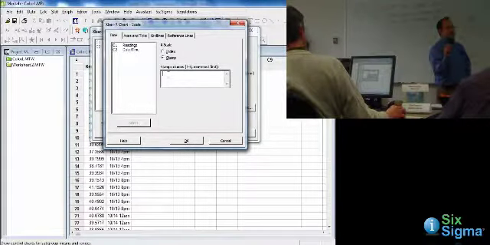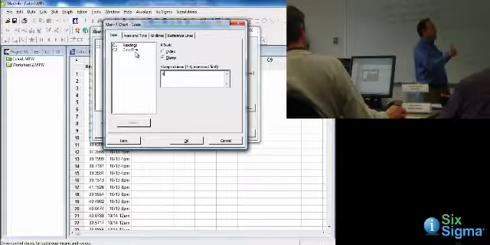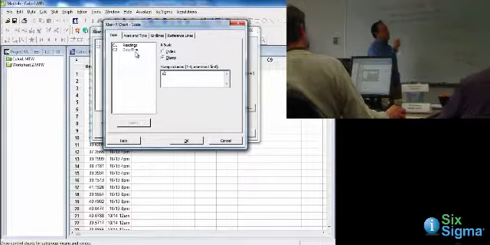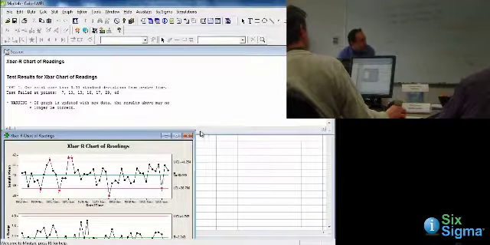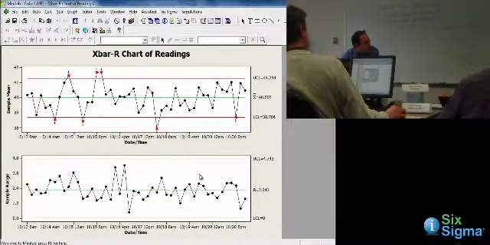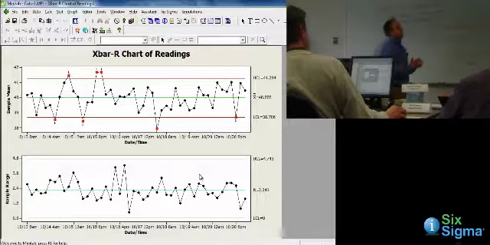So go into Scale, choose the Stamp radio button, click on the field underneath Stamp Columns, and select the Date Time column, C2. Let's go ahead and click OK.